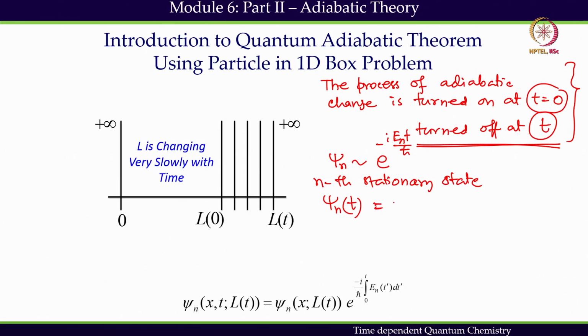When I have just turned off the adiabatic process and am trying to find the nature of the nth stationary state wave function, it will have a total accumulated phase, given as exponential of minus i by h cut, integral from 0 to t, En(t') dt'. I am just separating this integration variable from its limit, so that's why we have used t dash.